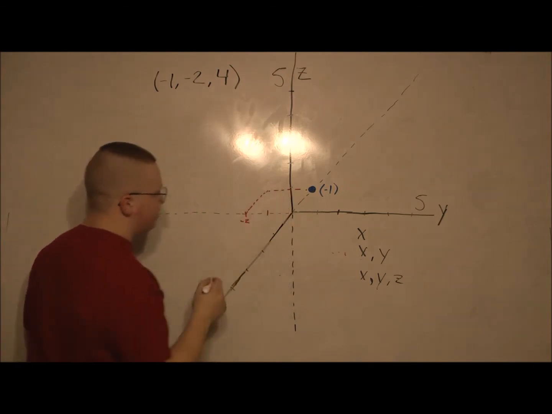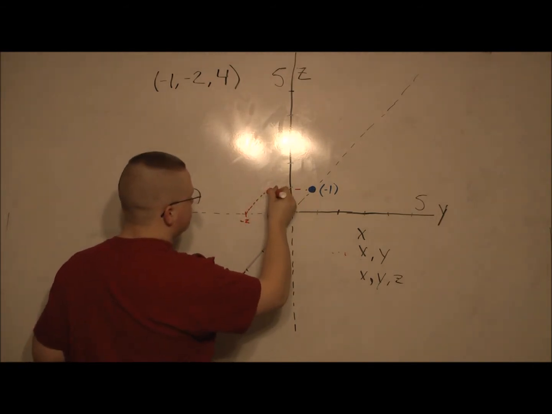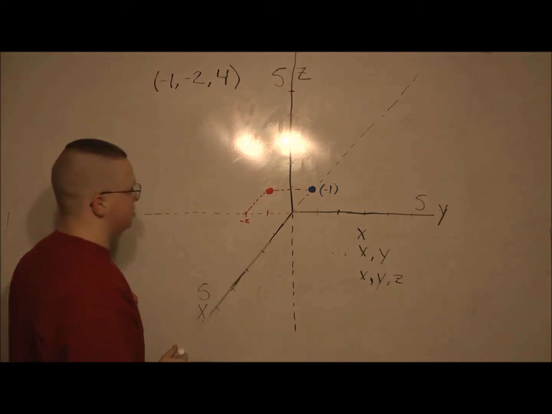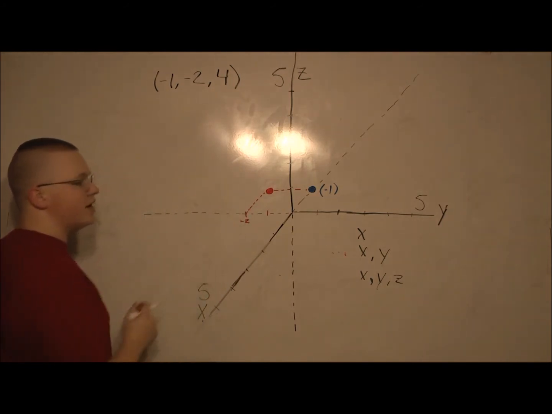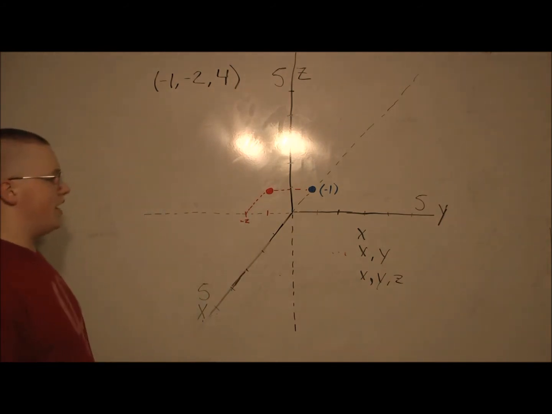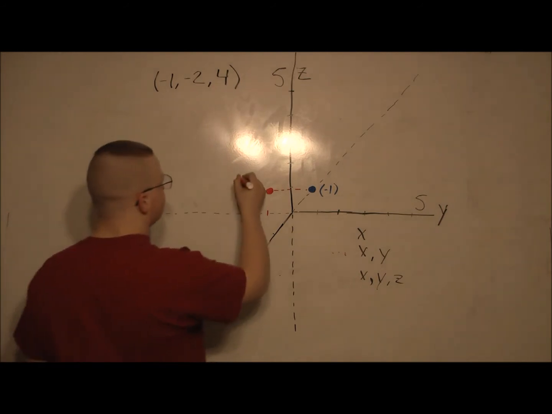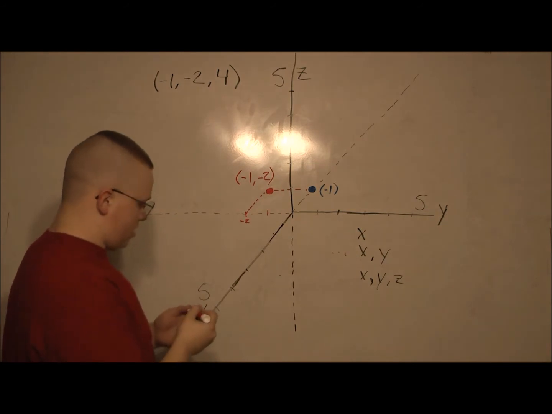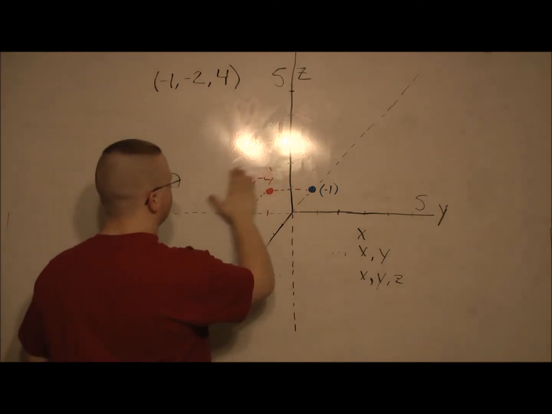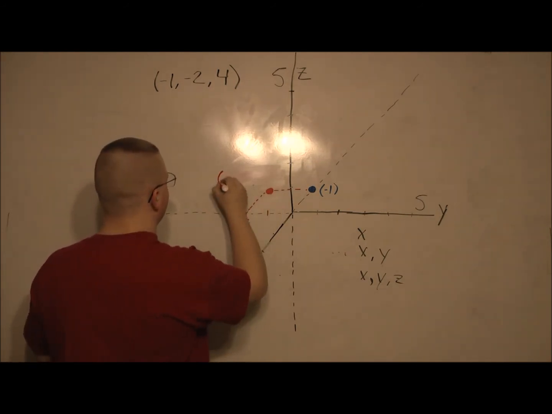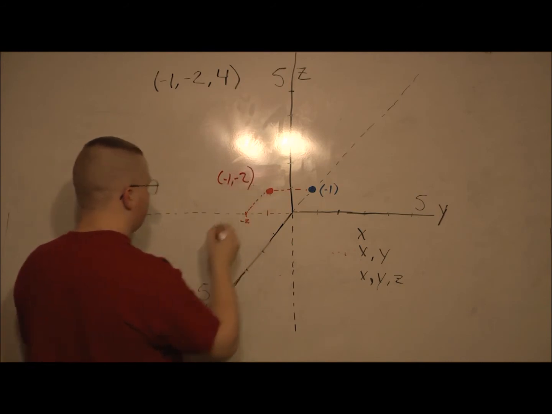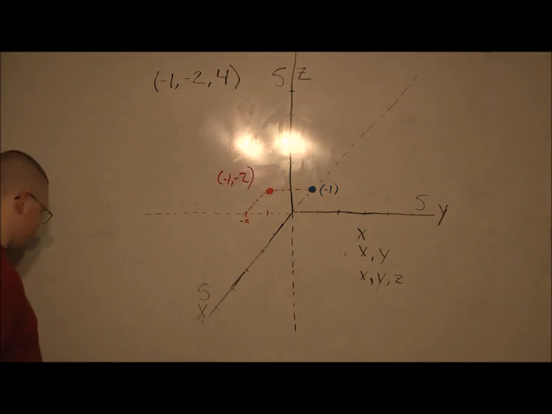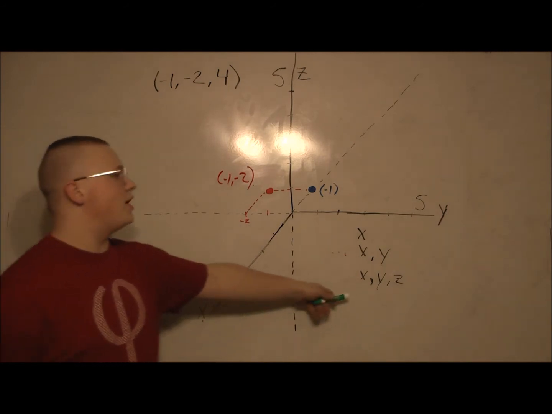The right height is about right there, so that is where our point is. That is, in reality, lined up with -2 on the y-axis, although it doesn't look lined up, so that's the point -1, -2.